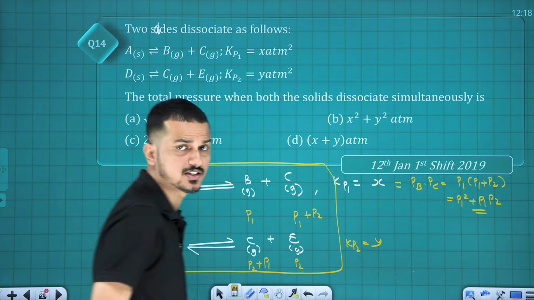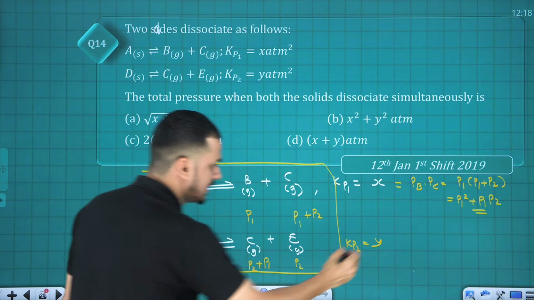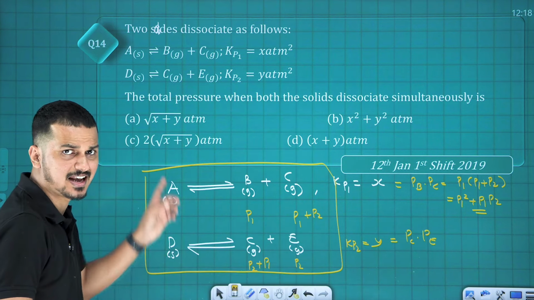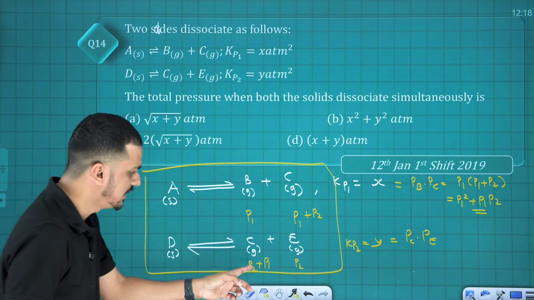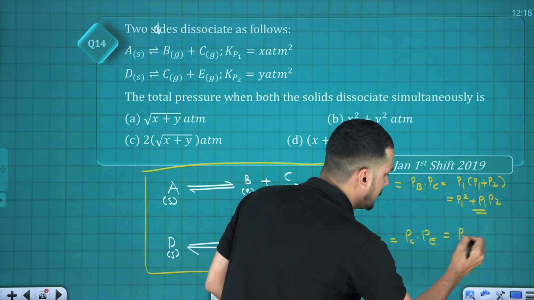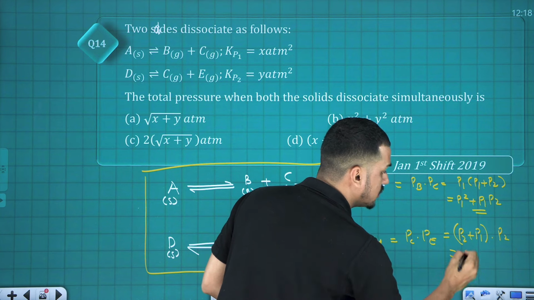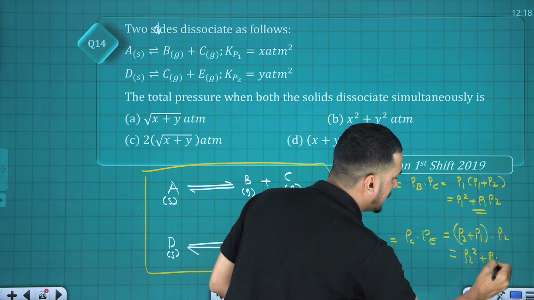Ready? Next, Kp2 equals Y, that is partial pressure of C into partial pressure of E. Why am I not taking D and A? They are solids, no need. So that equals P2 plus P1 into P2, that is P2 square plus P1 P2.